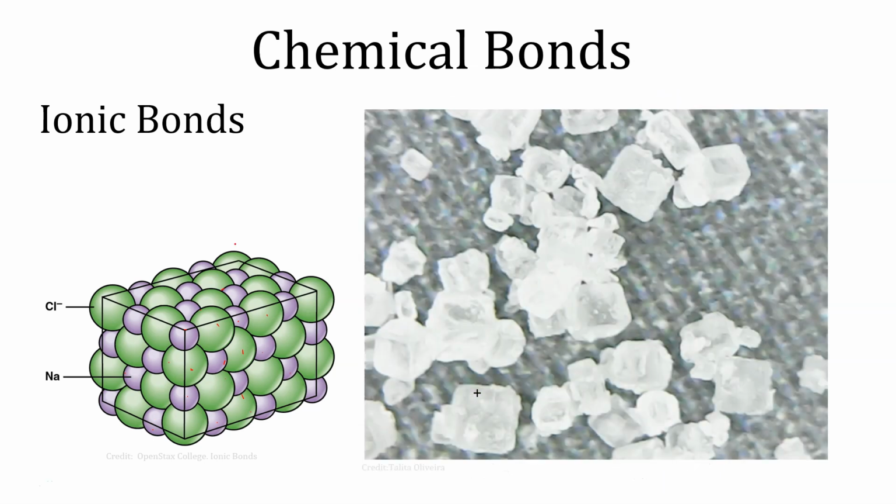And before long, you have this stuff. Any idea what this stuff is right here? These little crystals are made from chunks of chlorine and sodium atoms, and this is table salt, sodium chloride.